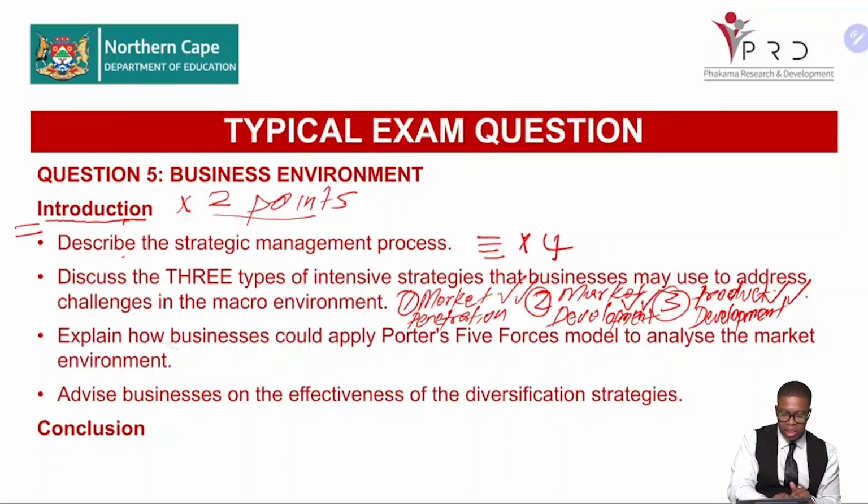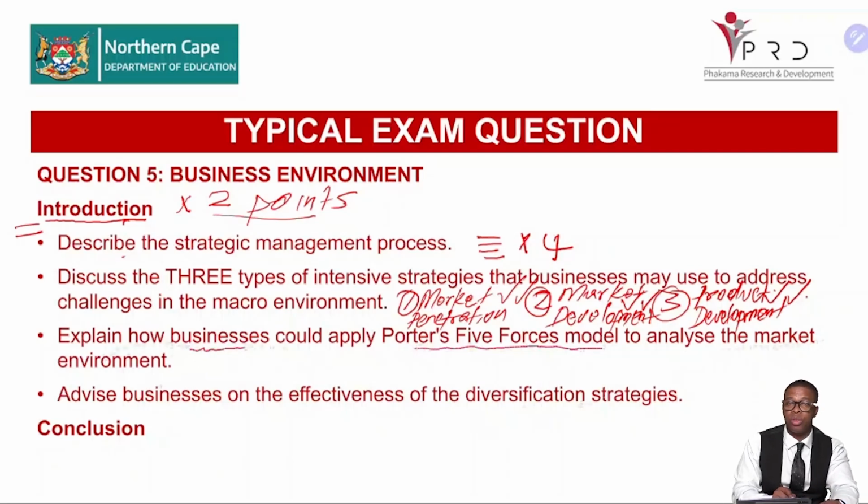And then another one is explain how businesses could apply the Porter's 5 forces model to analyze the market. Even there, you're analyzing, so you can choose maybe 3 of the Porter's 5 forces to say, okay, we have the first one as the power of buyers.